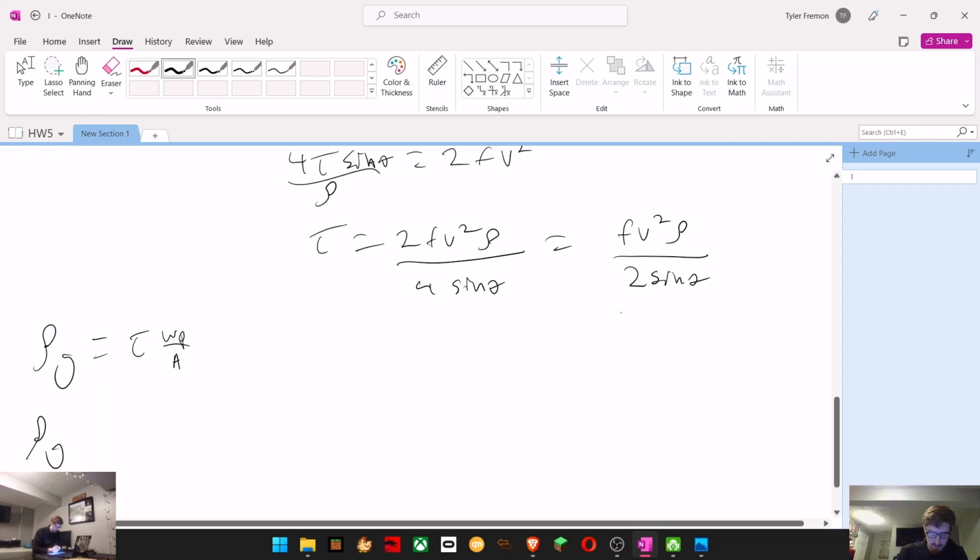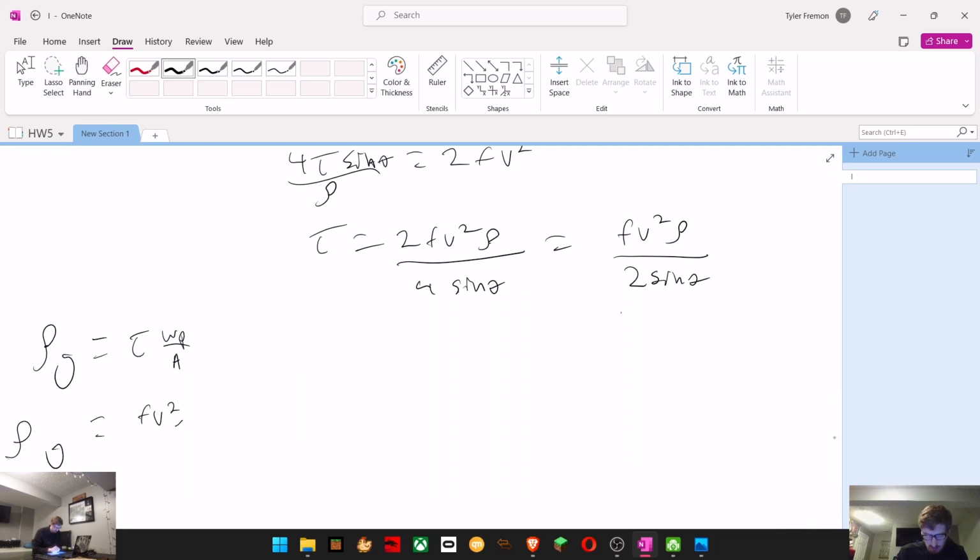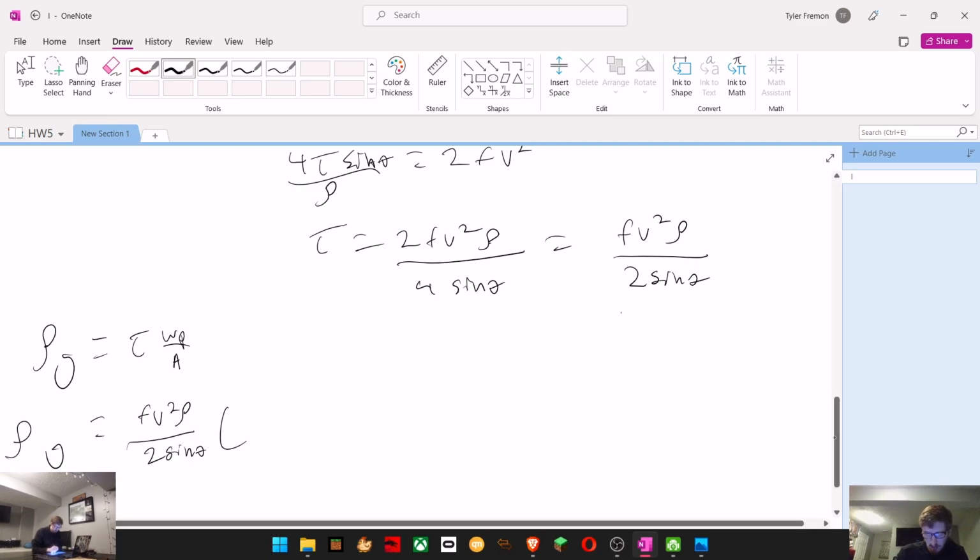So we'll have rho g equal to f v squared times rho over 2 sine theta, times the wetted perimeter 2h plus w, over our area, which is just hw.